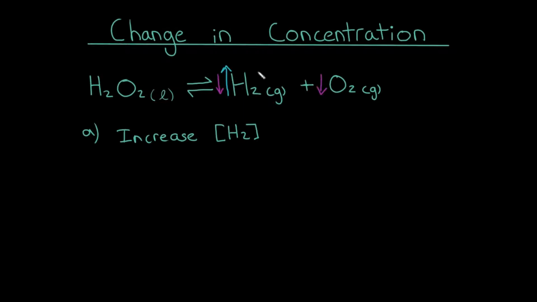It decreases the concentration of the products to compensate for this increase of H2, and it increases the concentration of H2O2. So essentially, it shifted to the left and produced H2O2. So what happens when we increase H2 concentration? We shift to the left.